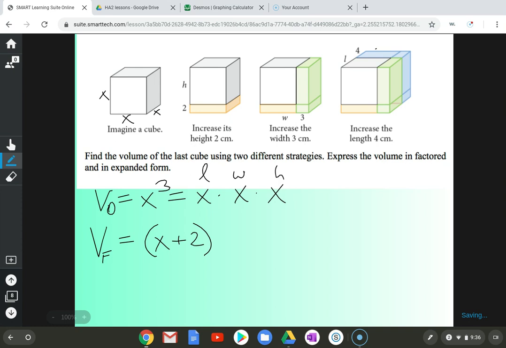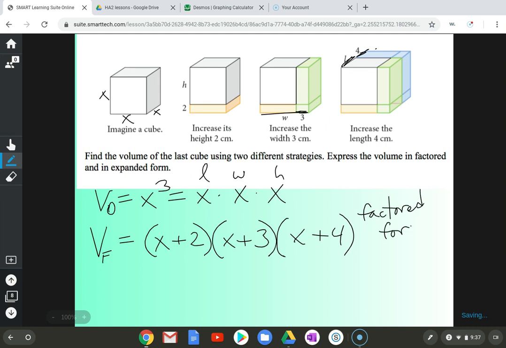Our new width is going to be x plus 3, because it's the initial x plus 3 more. And then our final length would be the initial x plus 4 more, so x plus 4. All right, this form that we've just written our new volume in is called factored form. And the reason it's called factored form is because it's written as a product of factors, x plus 2 times x plus 3 times x plus 4.